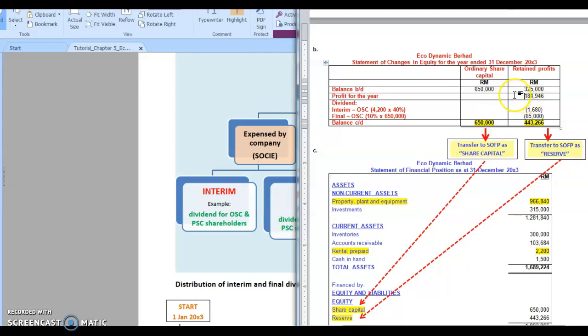Later on, the company may use these savings for other activities, such as making additional investments, repurchasing its shares in the open market, or paying dividends. Therefore, when the retained profit is used to pay dividends, it is usually called a distribution of profit.